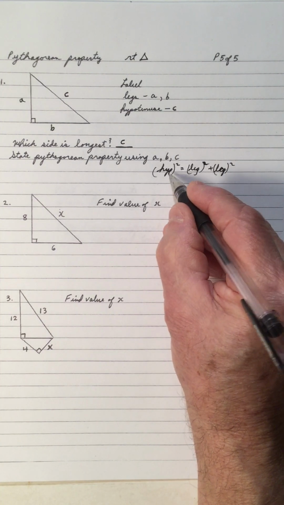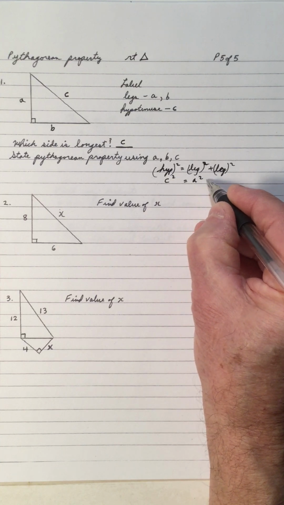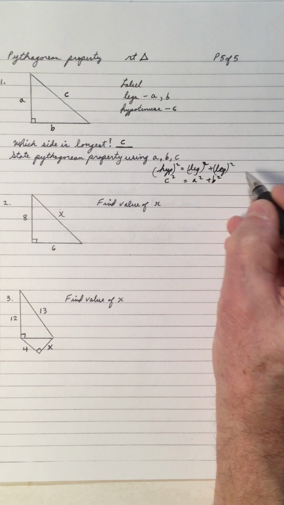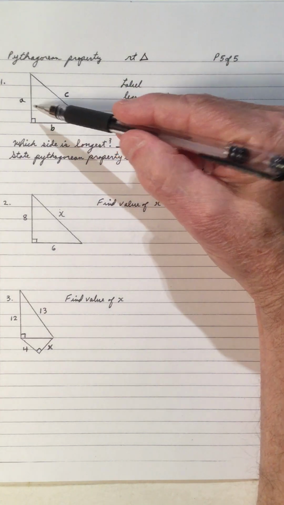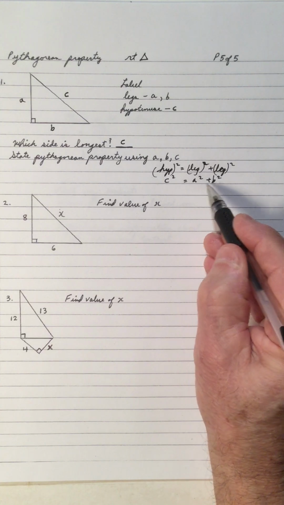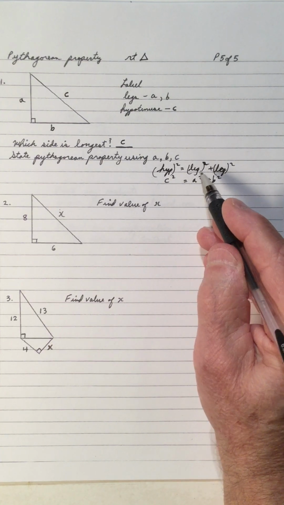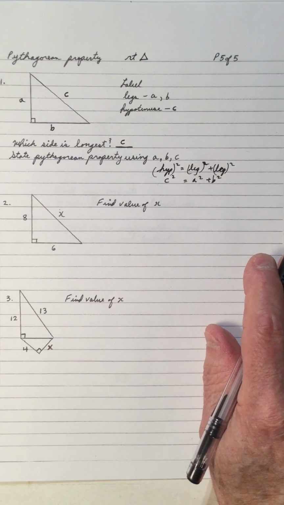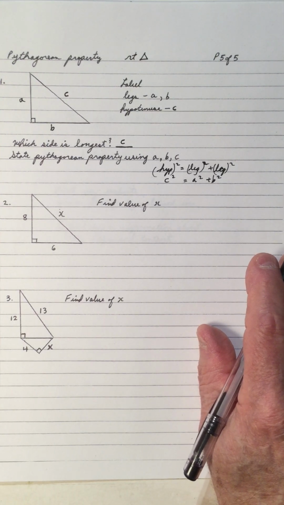So C squared is equal to A squared plus B squared. Now it could be B squared plus A squared, but it makes no difference. So that's the Pythagorean property: when you see a right triangle, you can find the lengths using the Pythagorean property. So let's do some examples.